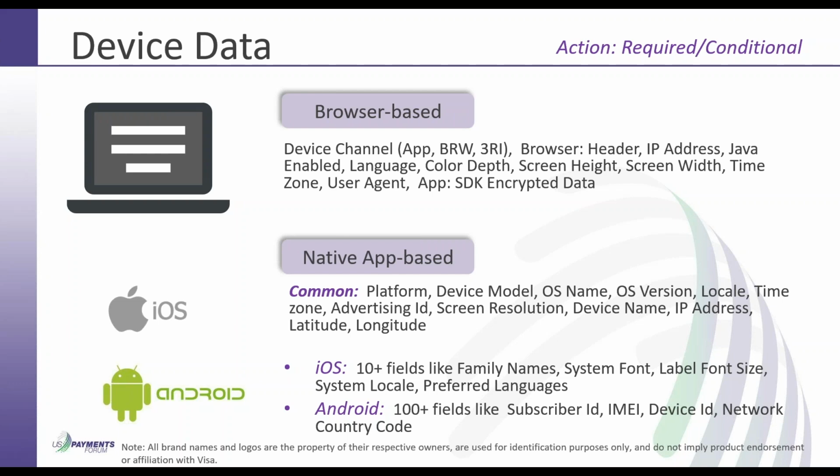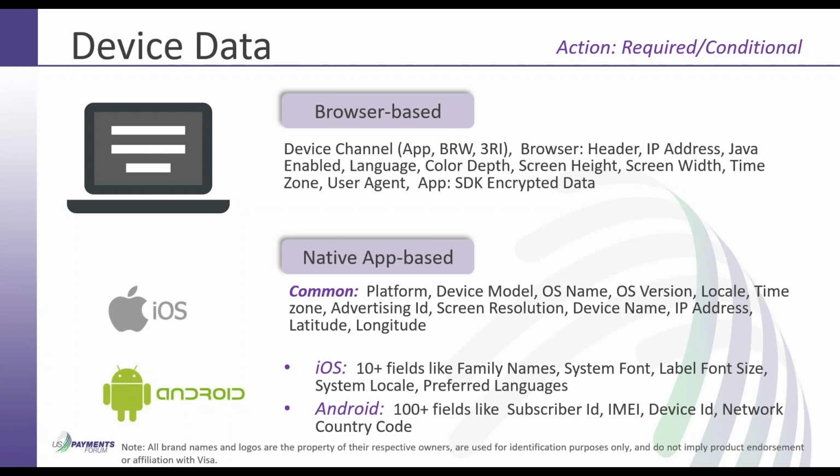The next category is native app-based transactions. So we think of iOS and Android, and so you have what's called common elements. So regardless of the platform, there'll be these elements you can collect across platforms. So the platform name, the device model, the OS name, the OS version, locale, the advertising ID, screen resolution, device name, IP address, latitude and longitude are typically the required common elements, regardless of iOS or Android.